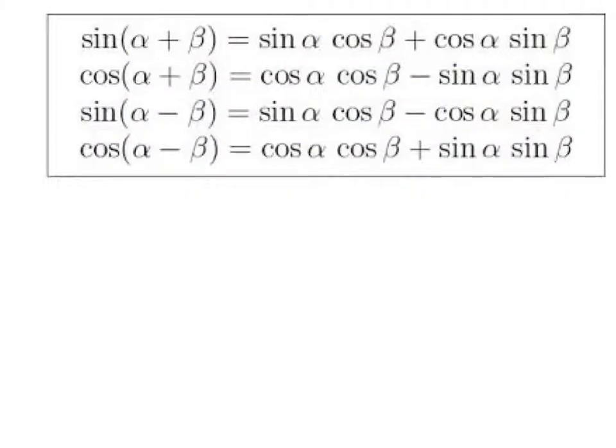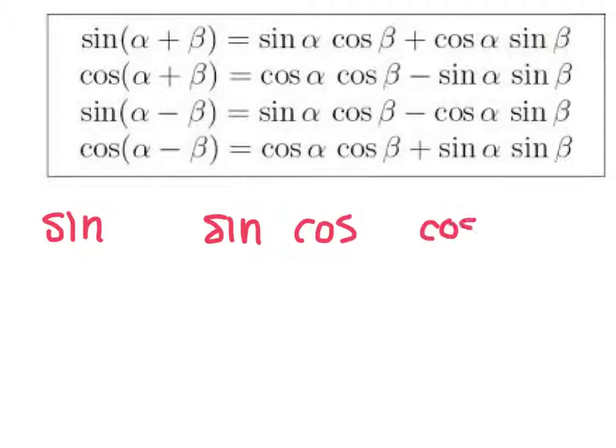Now here is a list of new rules, and not only do you have to learn them, but you have to memorize them. After you pause this video and copy them all down, I'm going to give you some ways to memorize them. I memorized that sine always goes sine, cosine, cosine, sine.